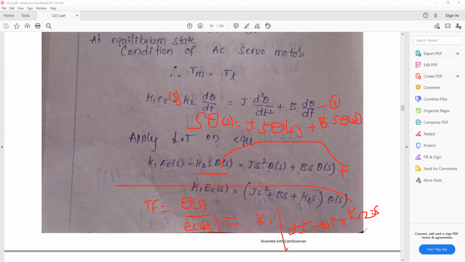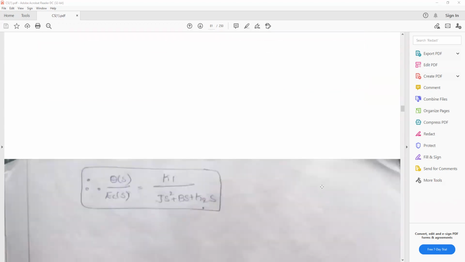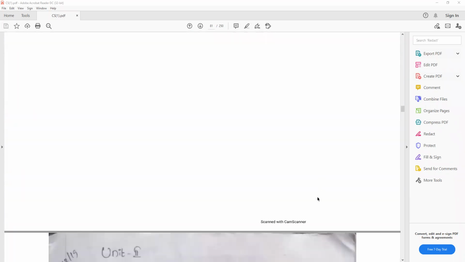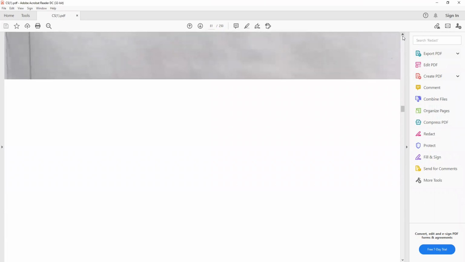This is the transfer function of the field controlled DC motor. Sorry, the AC servo motor. These are the transfer functions of the AC and the DC servo motors.